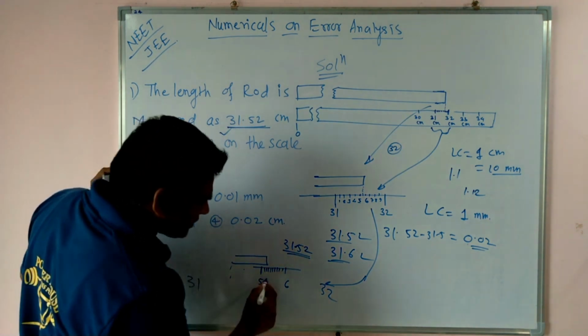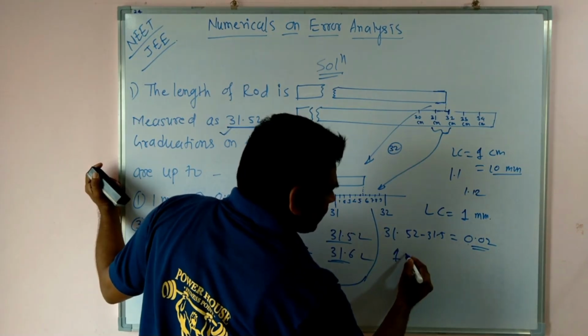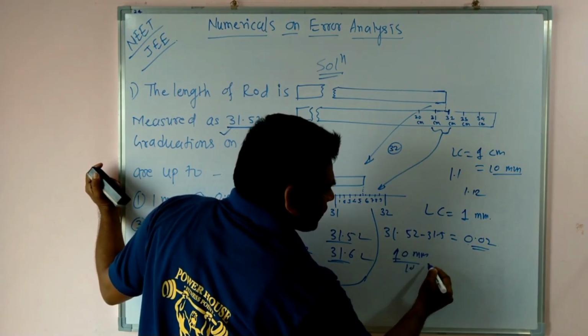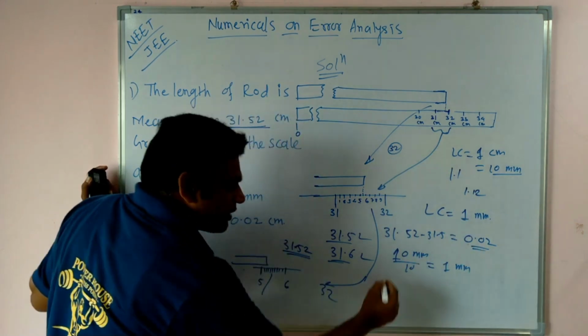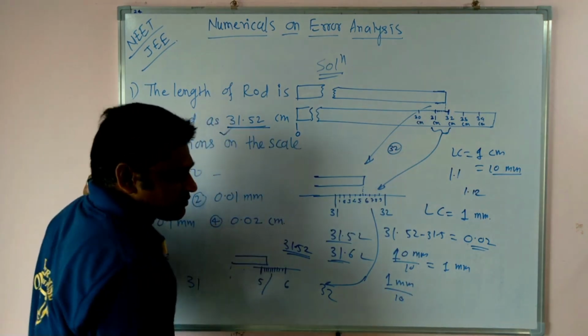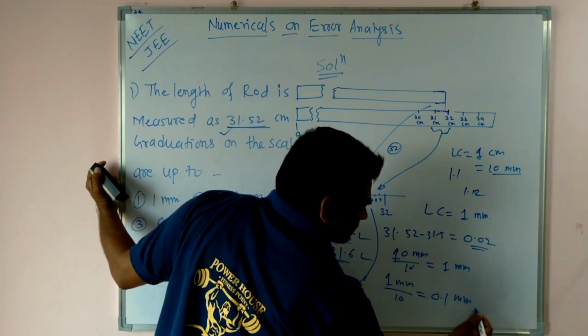But now what is the smallest value? 1 centimeter means 10 millimeter divided by 10, so the least count was 1 millimeter. Now 1 millimeter is divided into 10 parts, so this will be 0.1 millimeter.